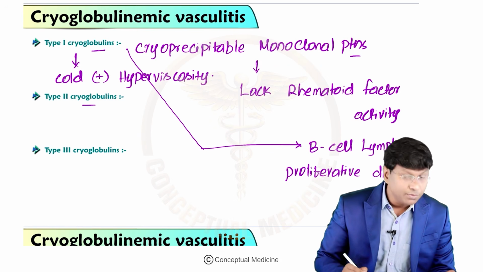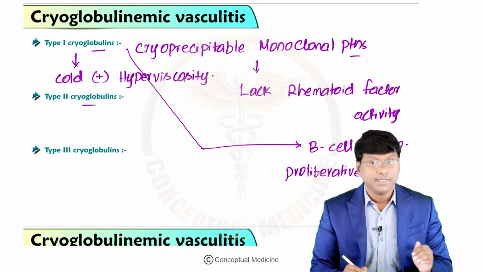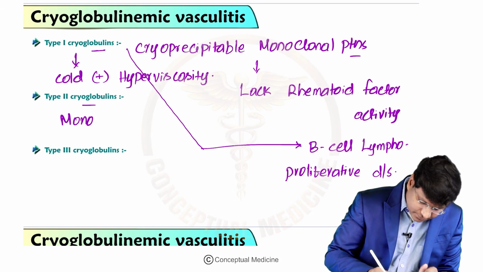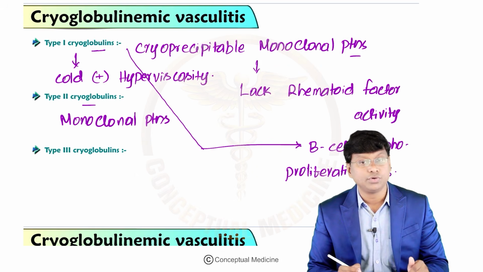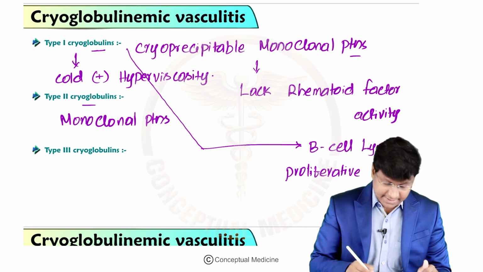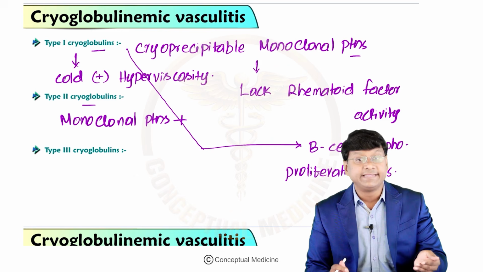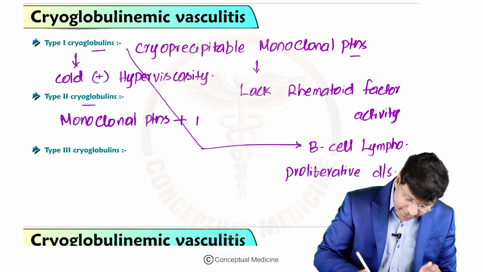Then you take type 2 cryoglobulins. These are also monoclonal proteins, but the difference from type 1 is that they have the rheumatoid factor activity.